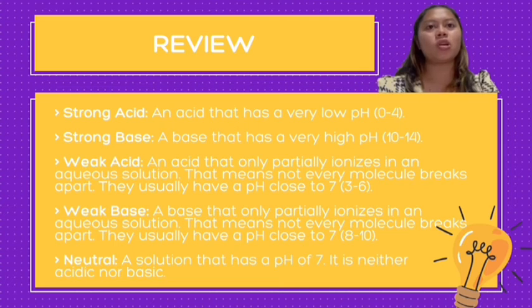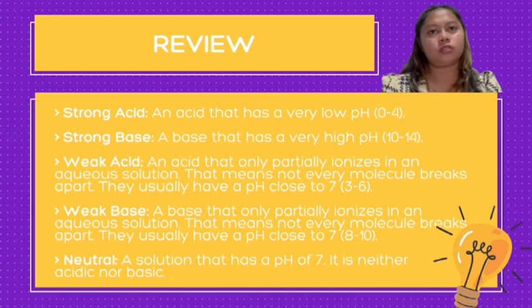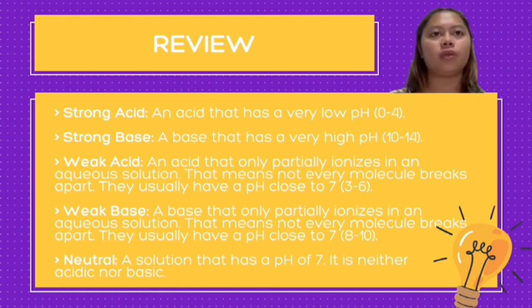Review. Strong acid, an acid that has a very low pH of 0 to 4. Strong base, a base that has a very high pH of 10 to 14. Weak acid, an acid that only partially ionizes in an aqueous solution. That means not every molecule breaks apart.